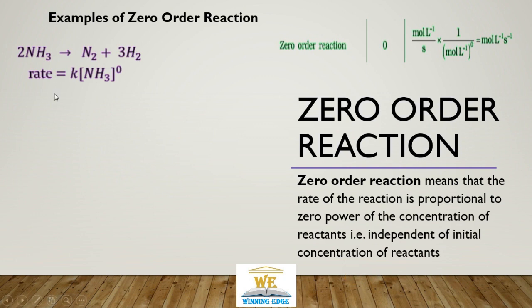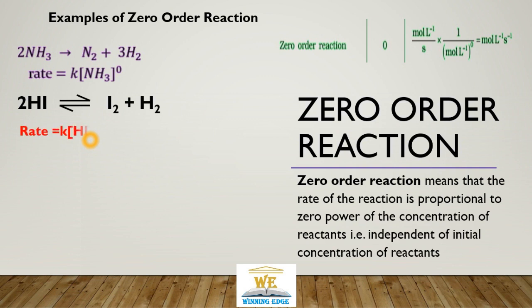An example is the decomposition of ammonia into nitrogen and hydrogen. Reaction rate will be the reaction rate constant, ammonia raised to power 0. It means it doesn't matter what the concentration of ammonia is, this decomposition reaction will be independent of ammonia concentration.